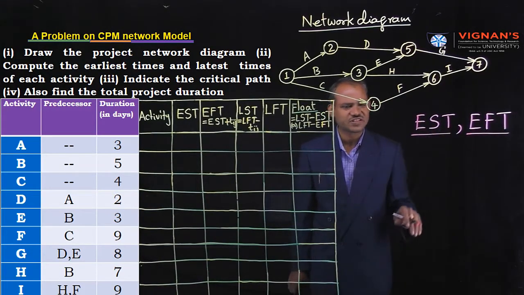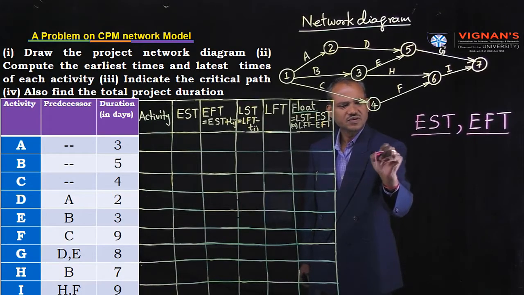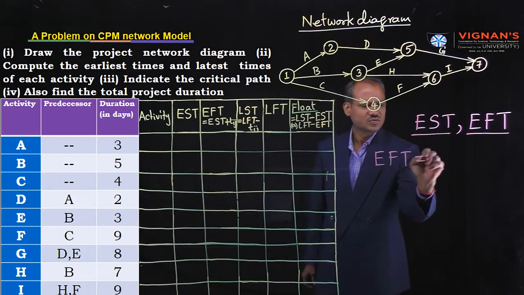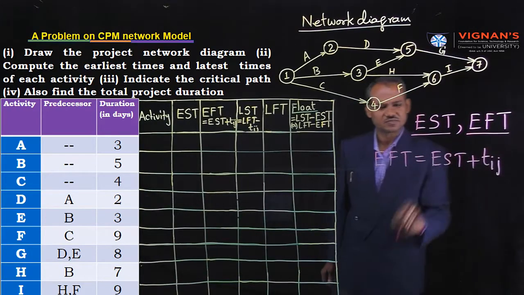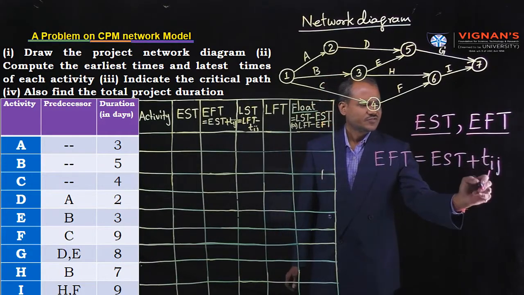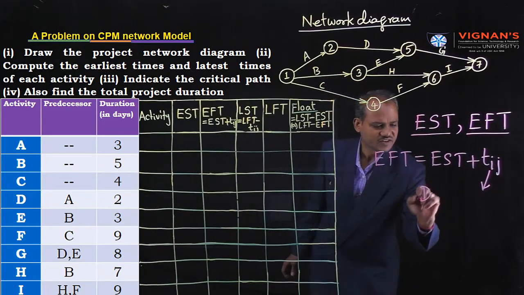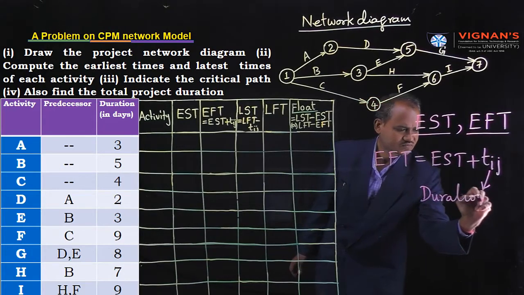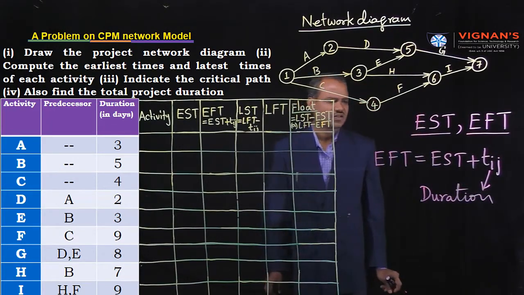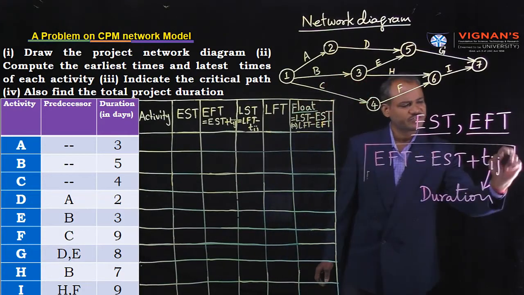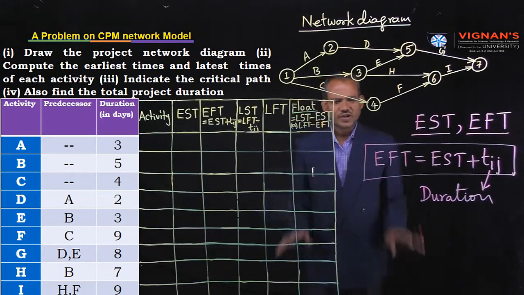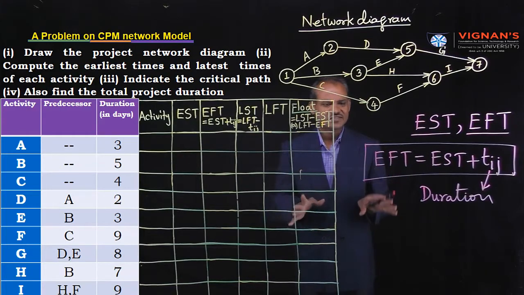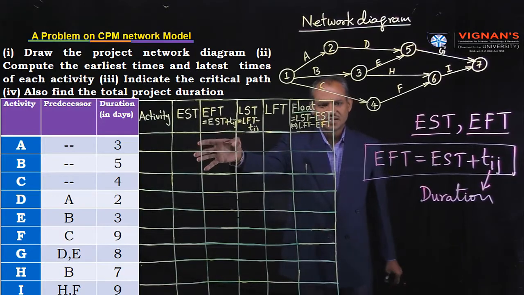EFT is equal to EST plus activity duration, where TIJ is nothing but the duration of each activity. This is the relationship between EFT and EST. You have to remember this formula. To calculate earliest times and latest times, simply remember these two formulas. Then we can easily fill in this data.